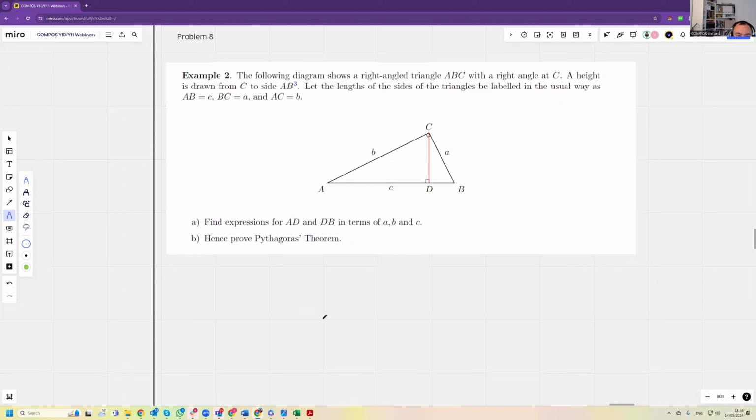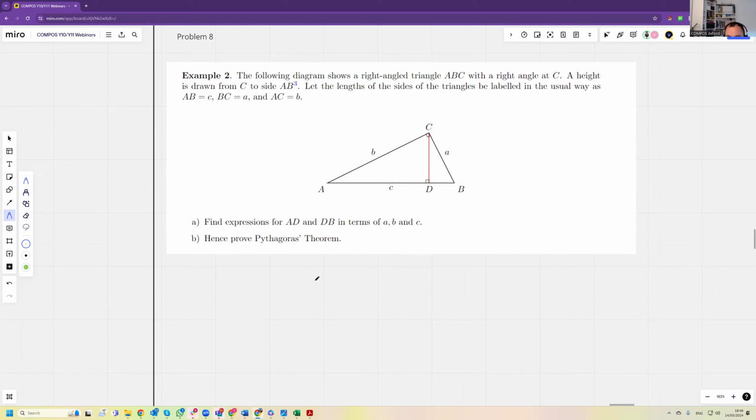Okay, so AD. We have a right angle triangle ABC, and we've drawn a height from C to D. Okay.